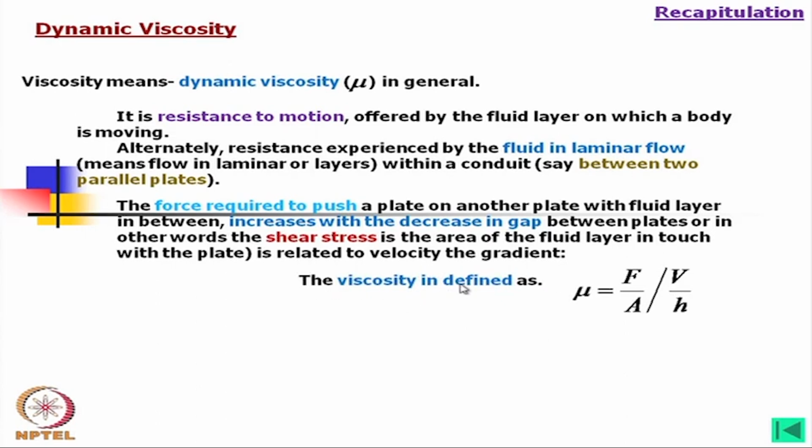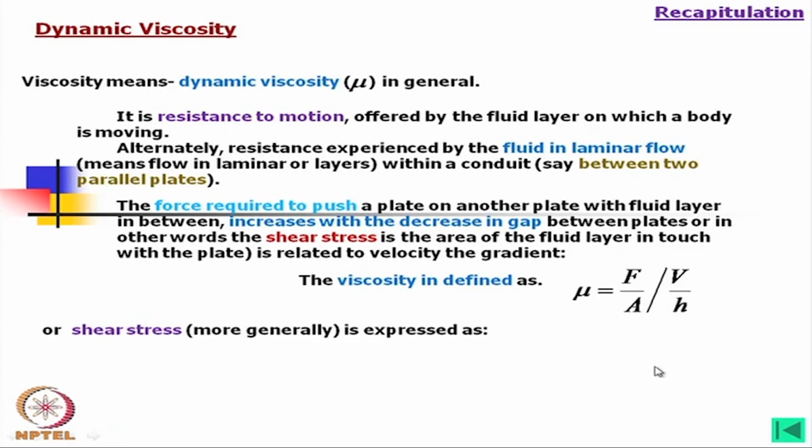In that way viscosity is defined as mu equal to F by A, where F is the force, A is the area of the plate on which the fluid is in contact, V is the velocity, and H is the gap.